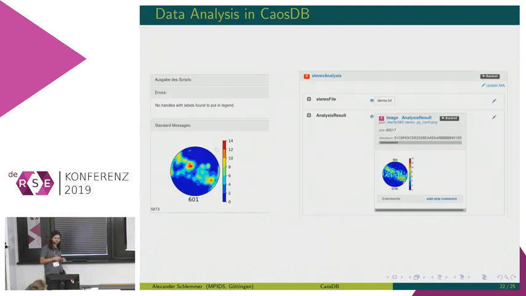And I think what is also really valuable is that it connects this result directly to the analysis and stores this back into CaosDB. So when users use this automatic analysis facility, they can also directly keep track of processed results, of output of results, because it's stored back into CaosDB right away.